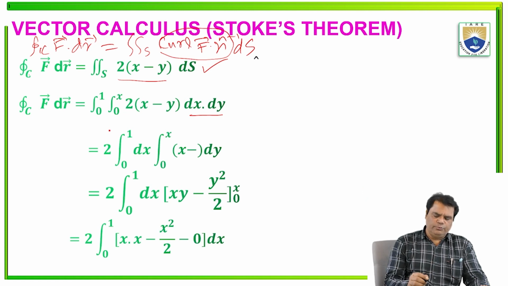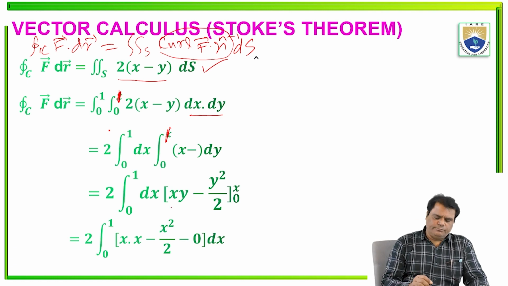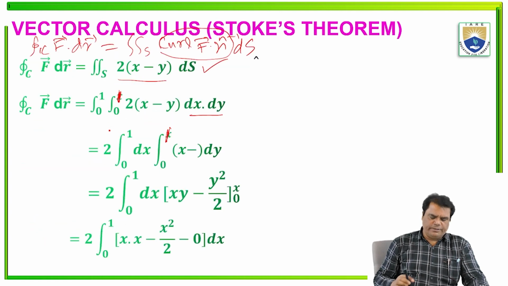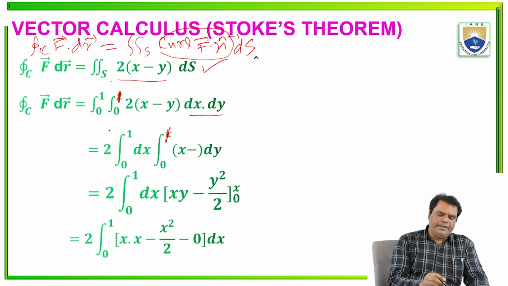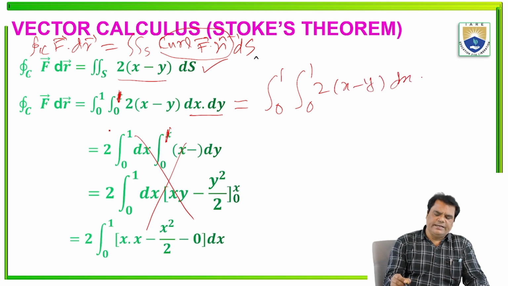So now integrating this from 0 to 1 and 0 to 1, 2 into x minus y dx and dy.